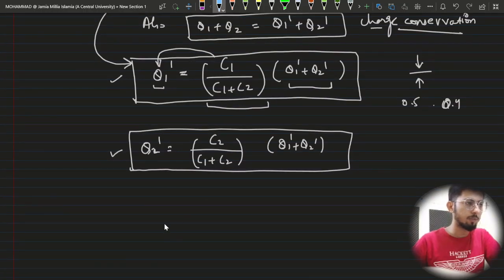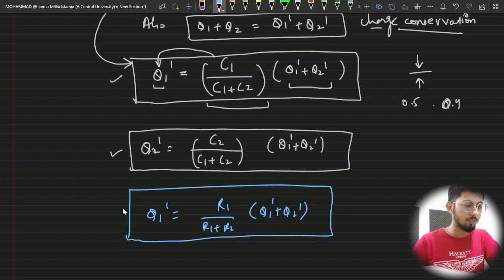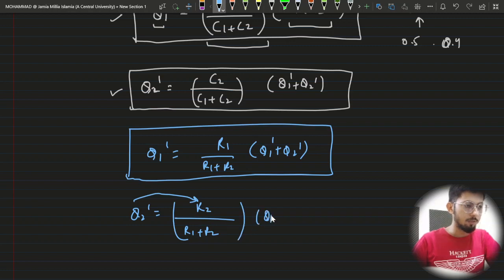So Q1 dash may also be written as R1 upon R1 plus R2 times Q1 plus Q2, and the same for Q2. So Q2 dash can be written as R2 upon R1 plus R2, this fraction of the total charge.